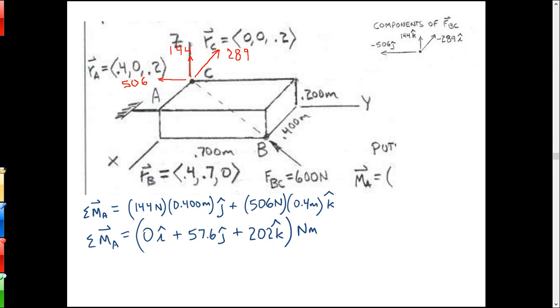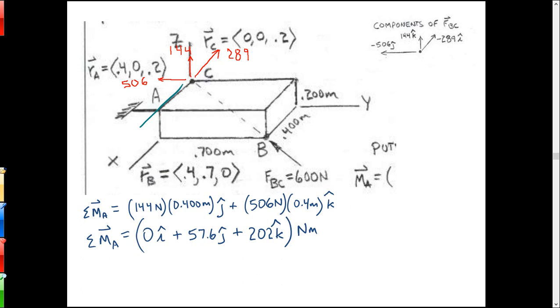That's a force, it's not a moment. It's got a zero moment arm, because its line of action goes right through A. So it causes no moment about A. So the 289 does not cause a moment about A, and as far as moments go, you can ignore it, okay? You okay with that? Okay.